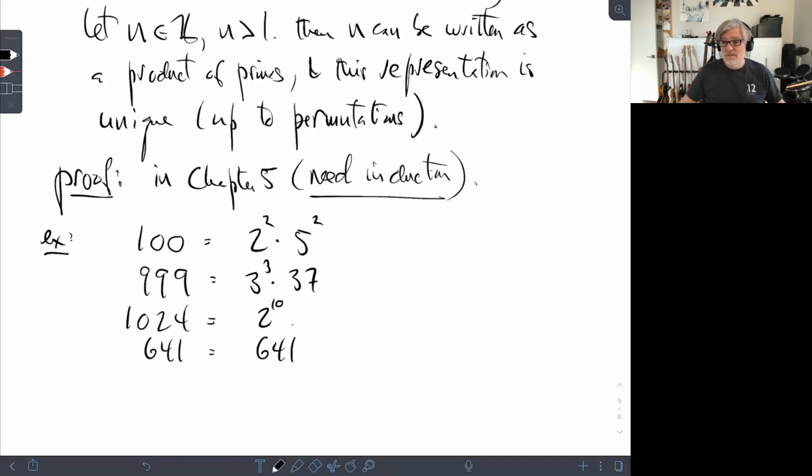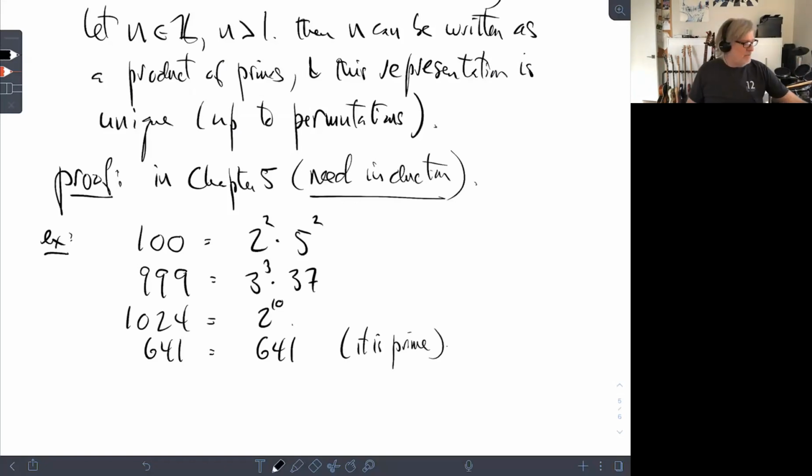It is prime itself, right? So when we talk about a product, of course, we allow a single number. If the number is prime, it's equal to itself, and that's its representation. That's it, okay? All right, so every integer can be factored.